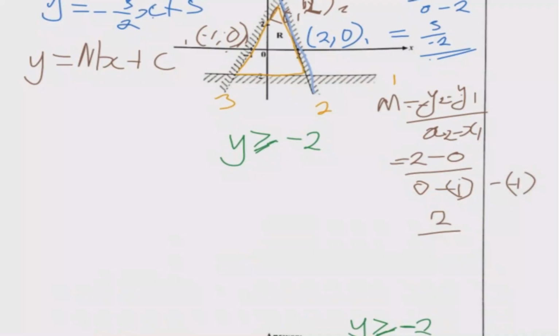Negative times negative 1 gives us positive 1, so we are adding 0 plus 1, which gives us 1. Then 2 over 1 gives us 2. So the gradient is 2. The skeleton of the equation is y equal to, and we have found the gradient to be 2, so we have 2x. Now let's go and find the constant.